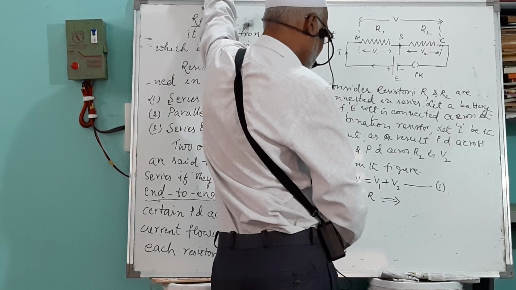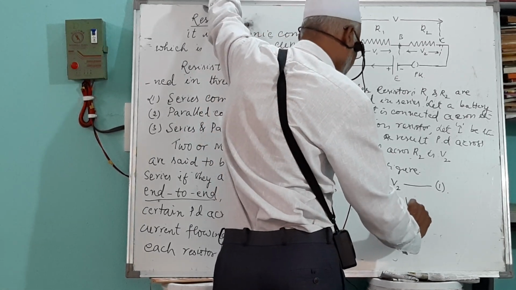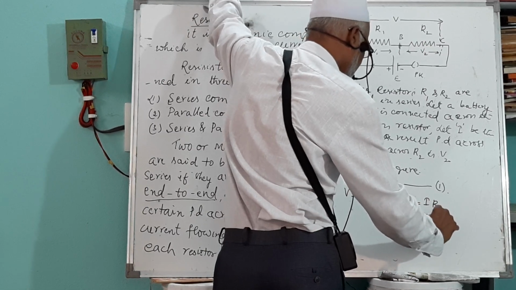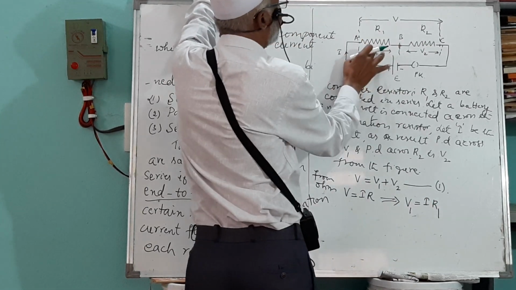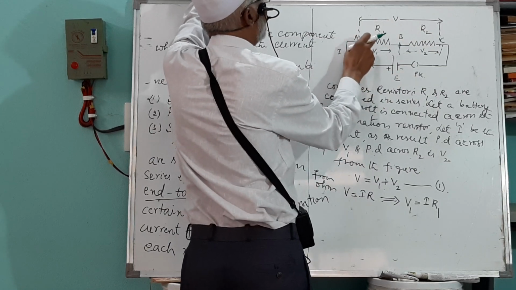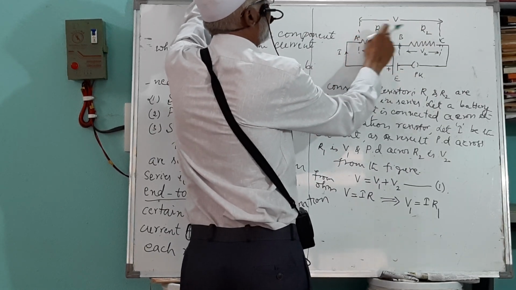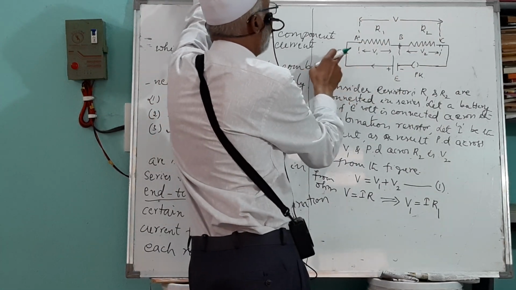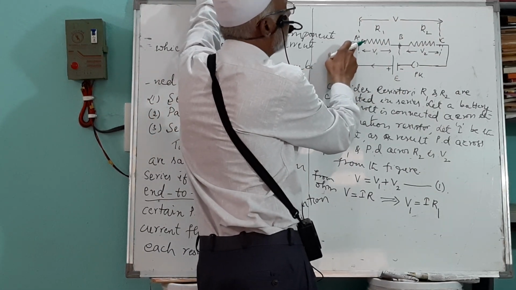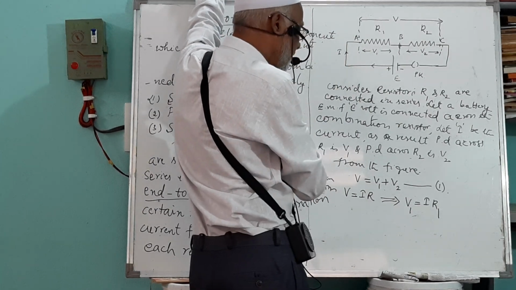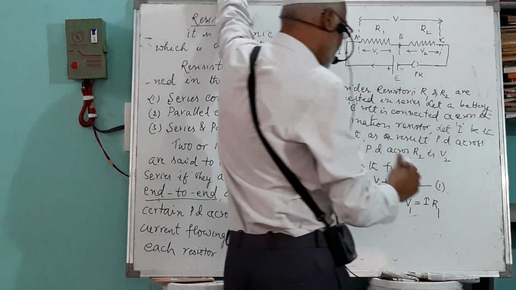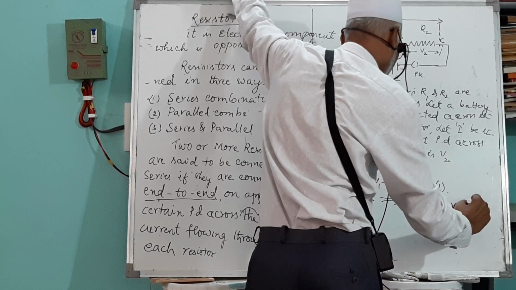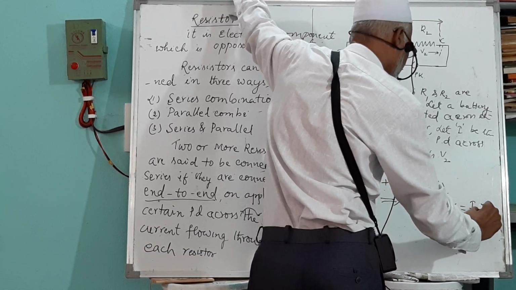V1 is equal to I R1. I remains constant irrespective of the resistors, whether R1 or R2, since the same current enters from A. Similarly, V2 is equal to I R2.